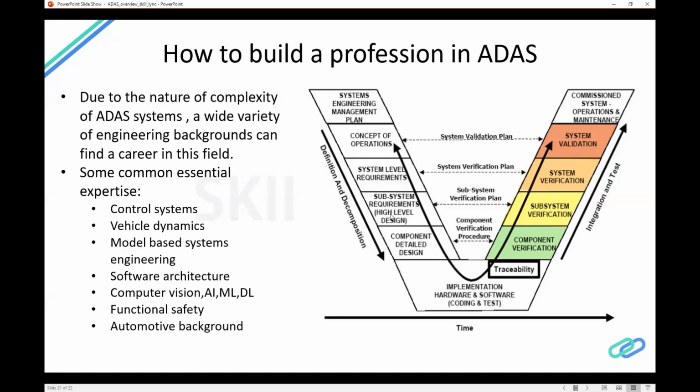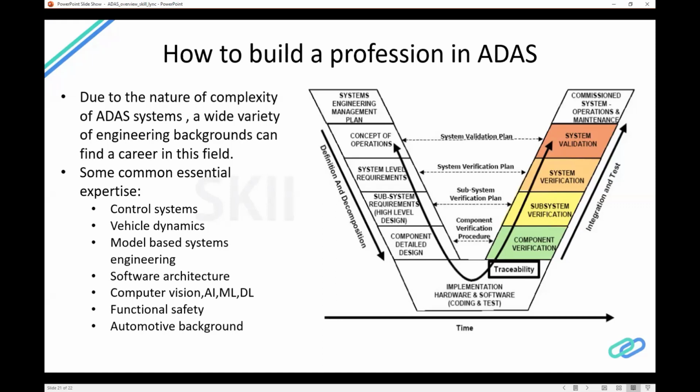Then there are subsystem level requirements, since we have different components like powertrain, braking control, and steering control. We need to define separate requirements for every powertrain and every vehicle ECU. Detailed component design is typically your CAN signal interface or the software architecture.